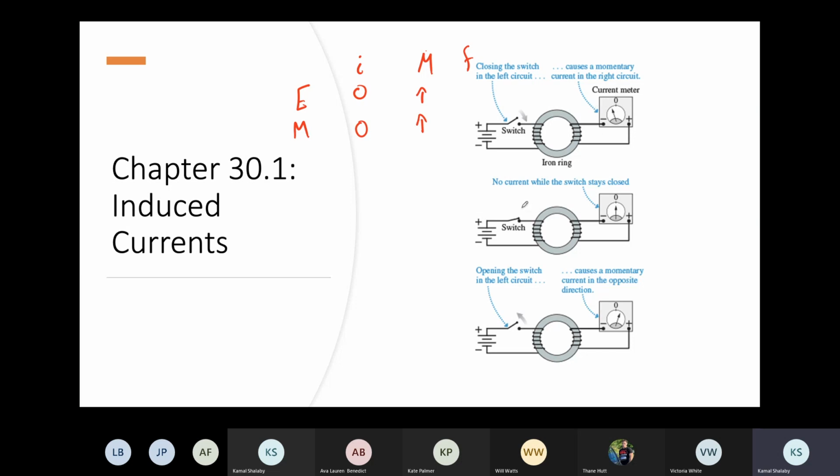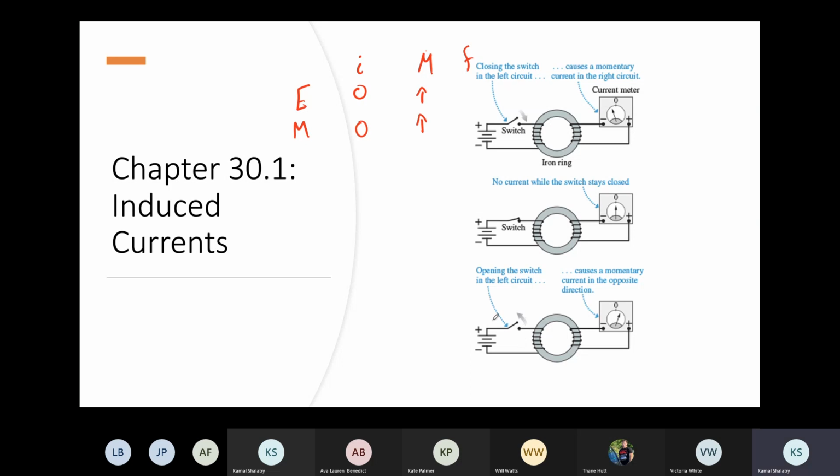But after you close the switch for a while, the electric field is just constant. So there's no change in electric field, making no change in the magnetic field. Since there's no change in magnetic field, it's not going to create any electric field in the other circuit. The same thing happens once you open the circuit. Now your electric field is decreasing.